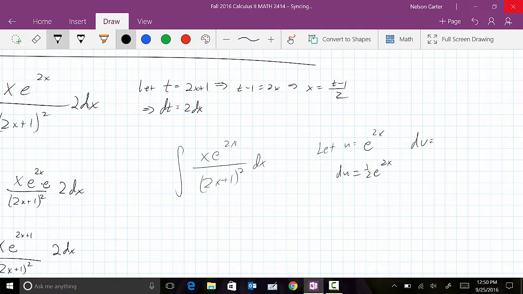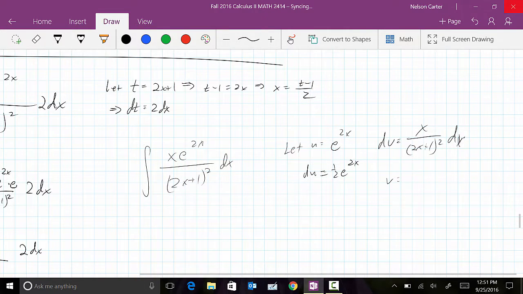That means the dv would be this x over (2x plus 1) all squared dx. And that means what about v? Well, you'd need to go through here and do a substitution. So you let t equal 2x plus 1. That means the dt is 2 dx.